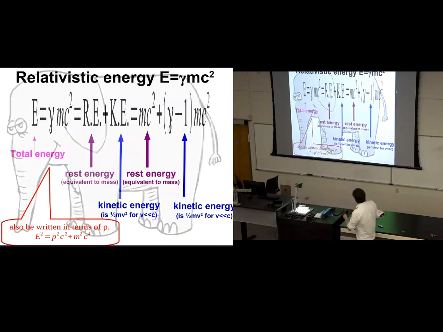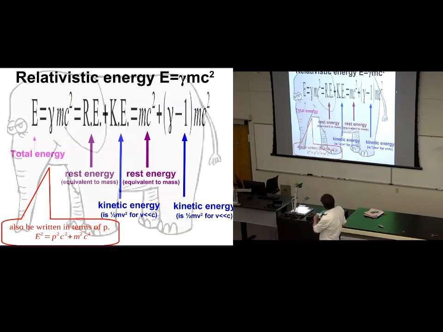I just want to add a little appendix to this slide. I wrote it down here. This is the energy written in terms of gamma. It's the rest energies, kinetic energies, total energies in terms of gamma. That's one way of writing them. You can write them in terms of speed. You can write them in terms of momentum. I wrote down here the total energy in terms of momentum.